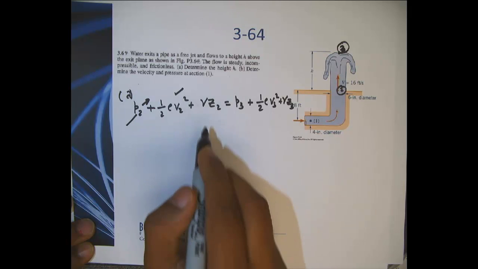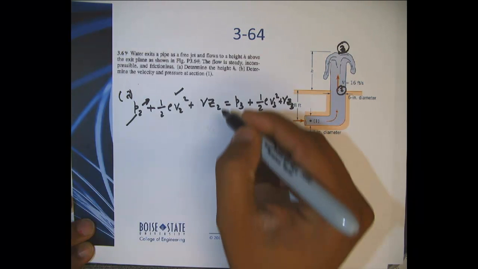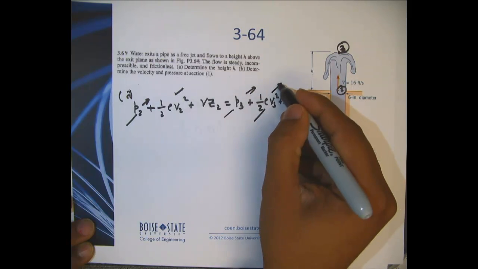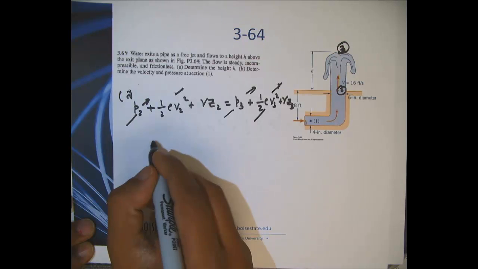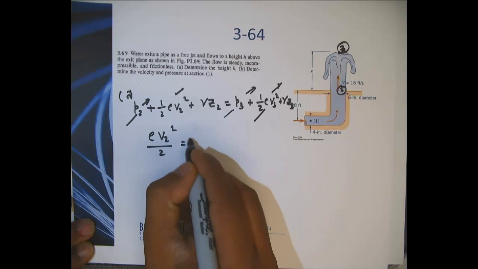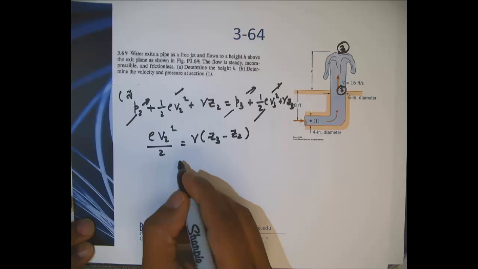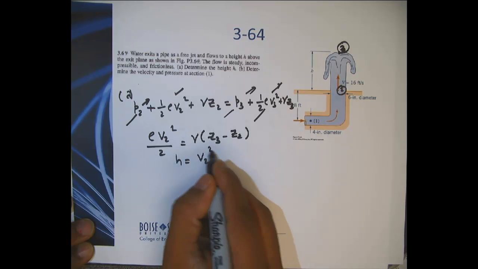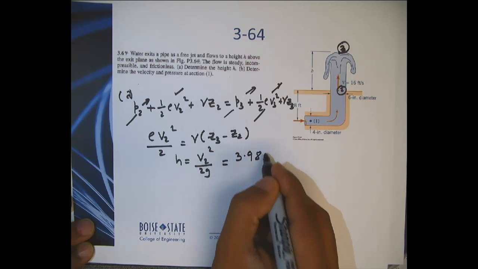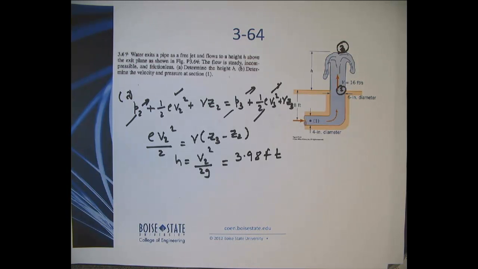Let's not worry about datum yet because the difference will give me that height h. P3 is again 0 gauge. V3 is again 0. So I should end up with rho V2 square over 2 is gamma times Z3 minus Z2, or h will be V2 square over 2g. If you put in the numbers, h turns out to be 3.98 feet.